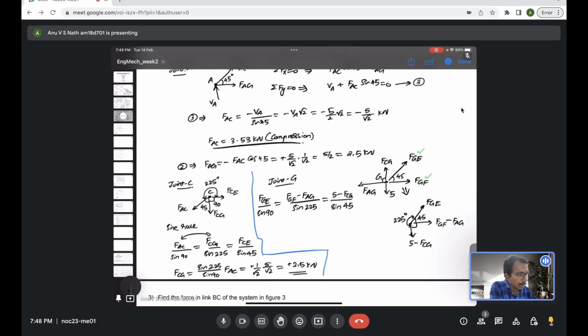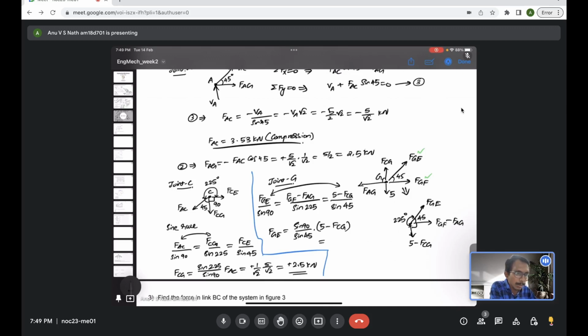So now our unknown GE we need to evaluate. FCG is already known, we have evaluated FCG. So we can use the first and last combination to write FGE as sine 90 by sine 45 times 5 minus FCG.